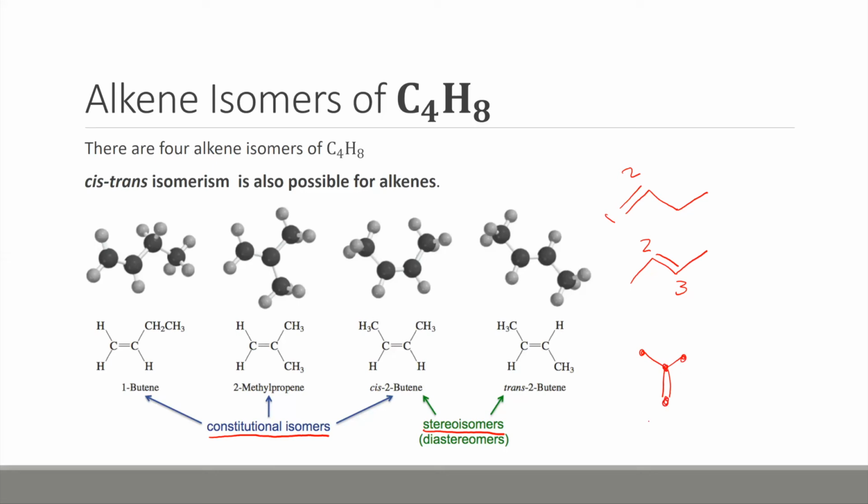So still technically 4 carbons, but its arrangement is different than these up here. Okay, so here's 3 different constitutional isomers that you could draw. These are all ways to draw 4 carbons with 1 double bond that have different bond placements.